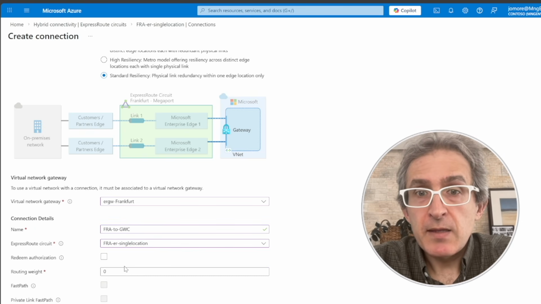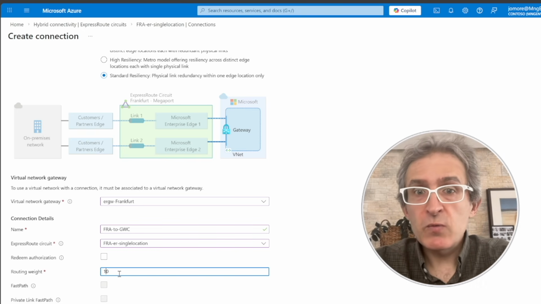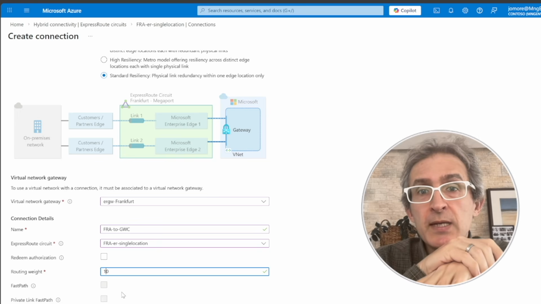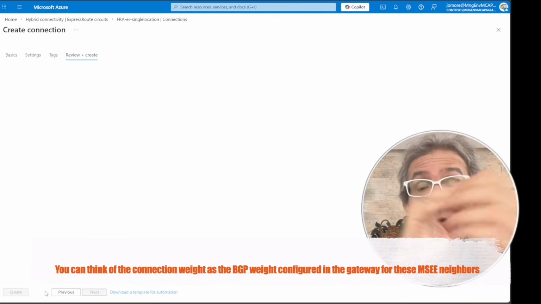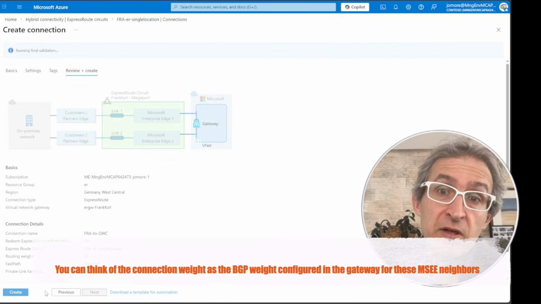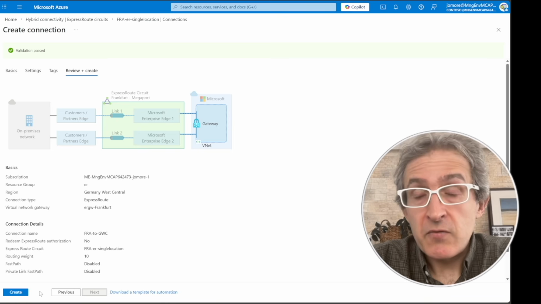We will pick the circuit we want to connect with the gateway. We pick the gateway we want to connect. Here we select a weight that is ideally non-zero. This will make things easier on an eventual migration later on. And you go and create the connection.